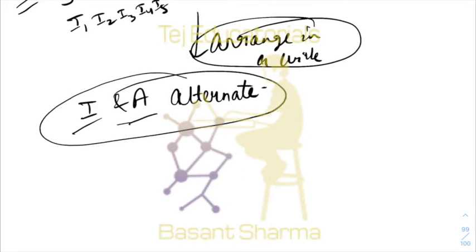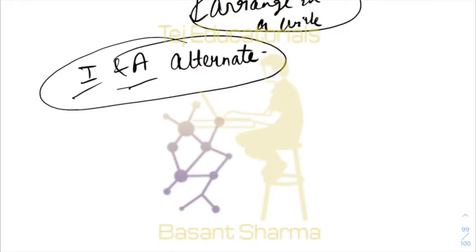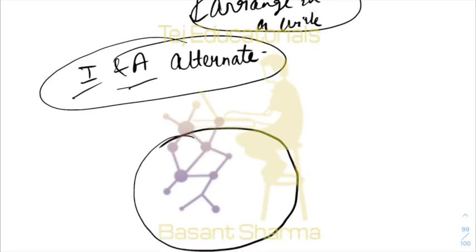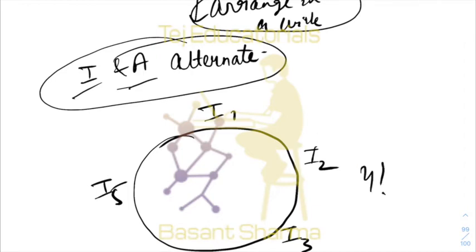So again, first of all, arrange the 5 Indians around a circle in 4 factorial ways.